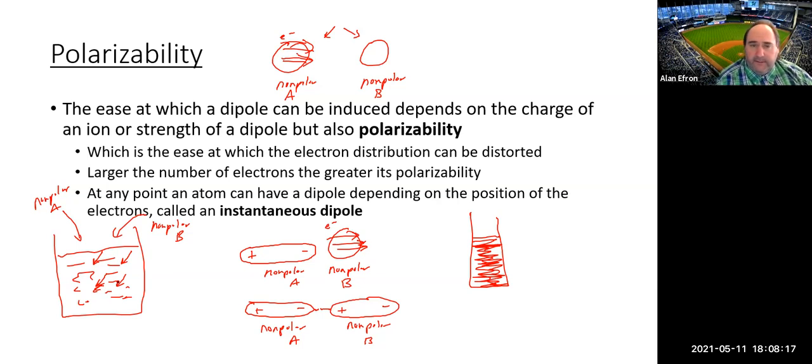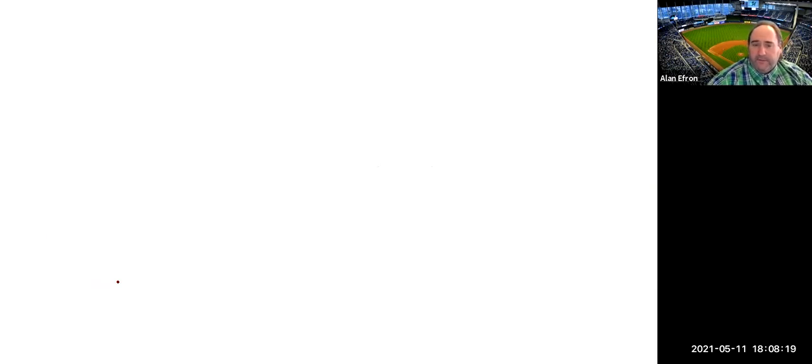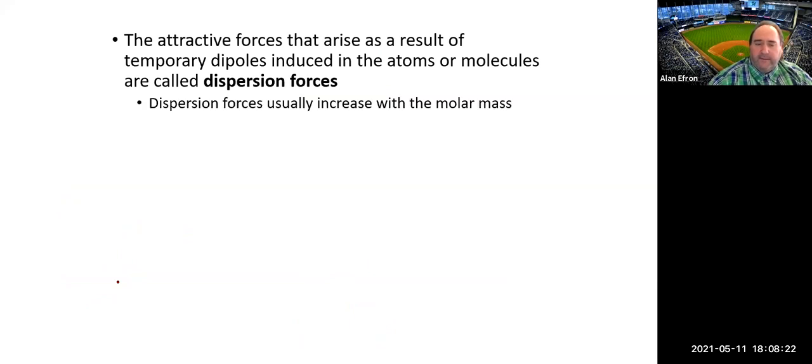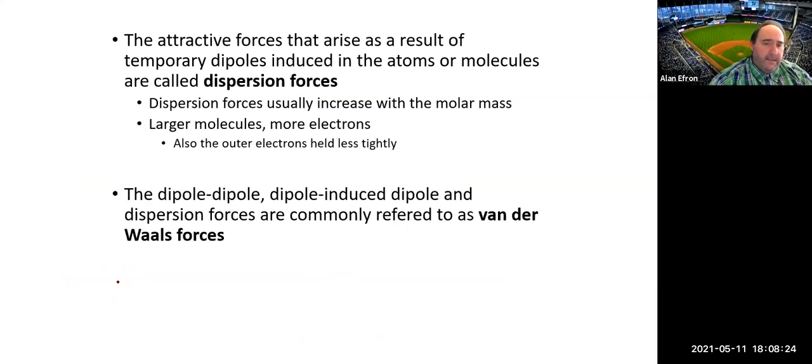So just to also talk about the strength of these forces, especially dispersion forces, we typically see a stronger dispersion force as the molecular mass, or molar mass, of the molecule increases.